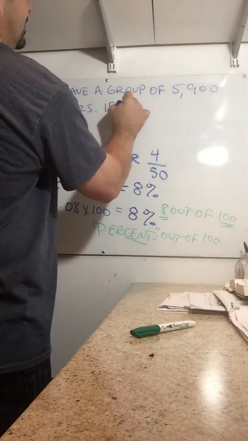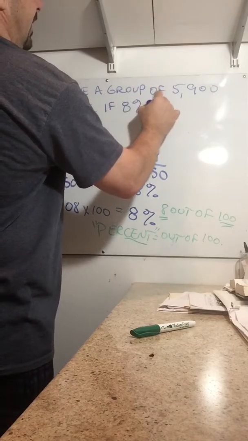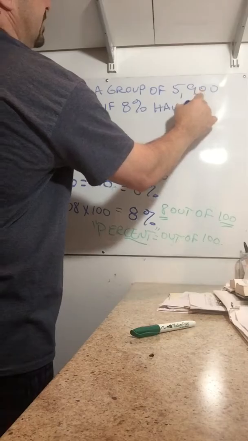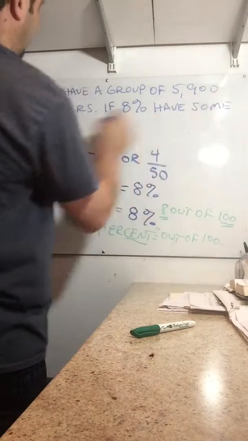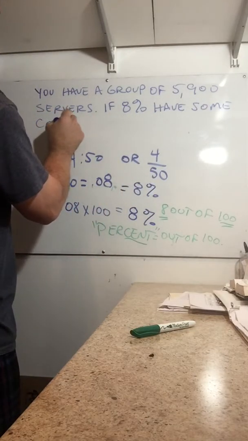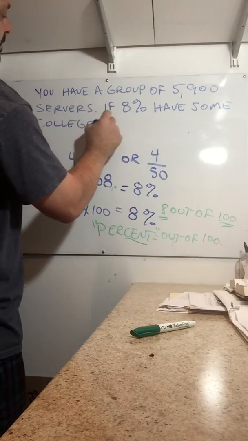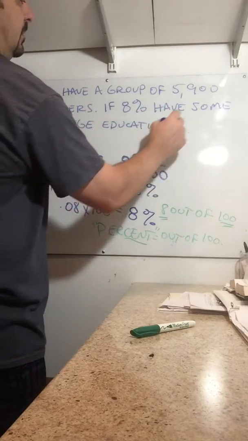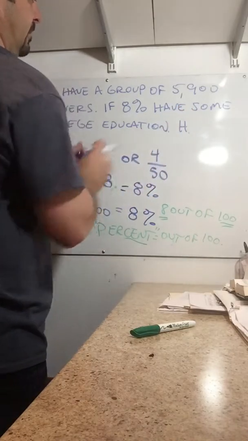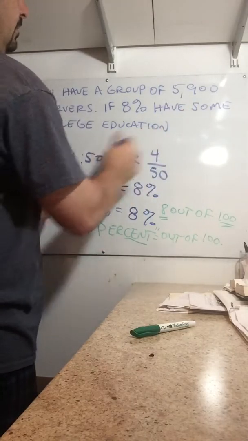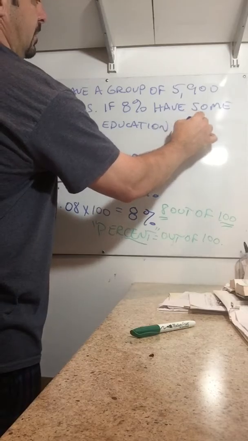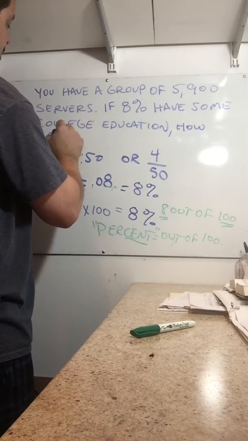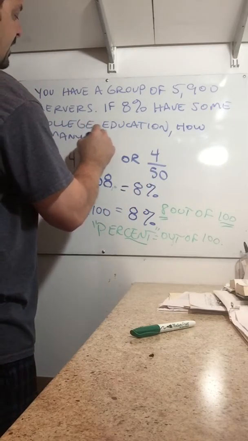If 8% have some college education, how many is that?